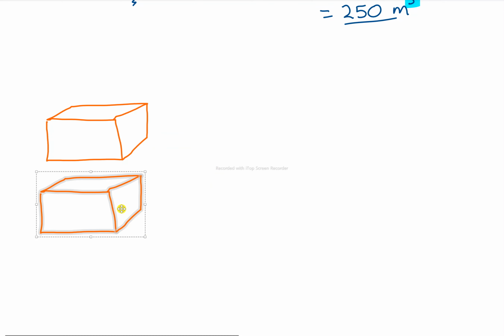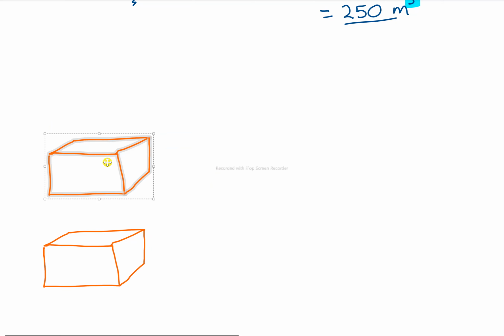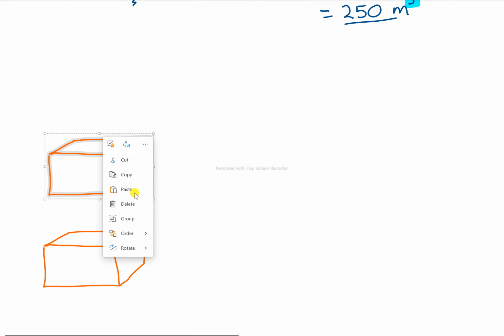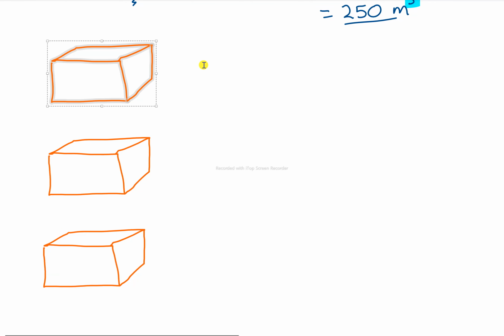What I'm going to do is I'm going to move that down, paste, paste. So here's 3. See if you can do these. So I'm going to make this 5. They're all meters, okay? 2, 1.